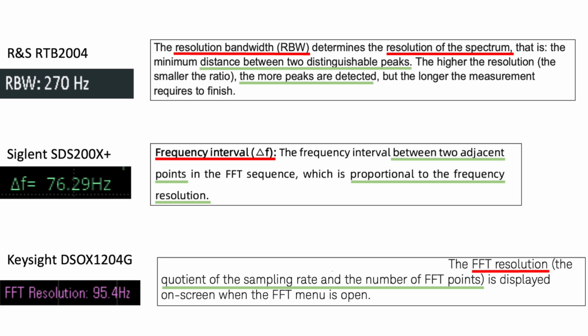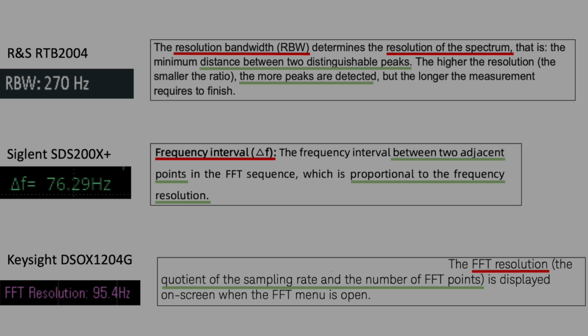Apparently there's a factor in between them, and actually we'll explore that later on. And finally the Keysight talks about the FFT resolution, and they don't explain what it is, but they explain how it is calculated, the quotient of the sampling rate and the number of FFT points. So we got a bit of information here, but it certainly doesn't tell us all about what this really is and whether these are the same thing or different things.